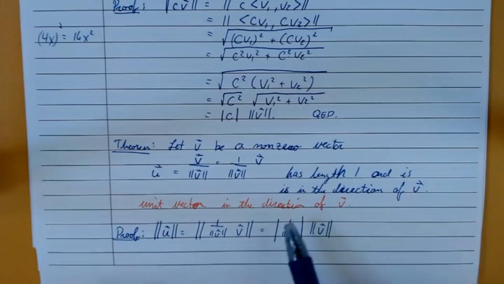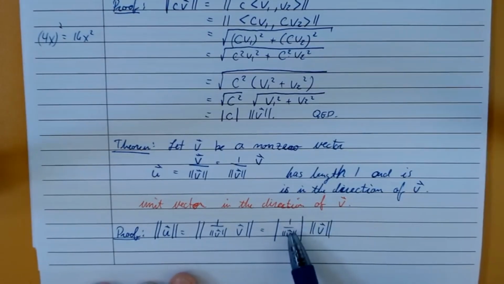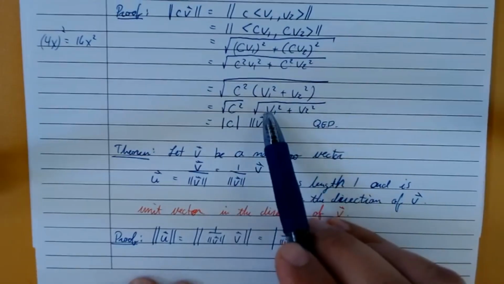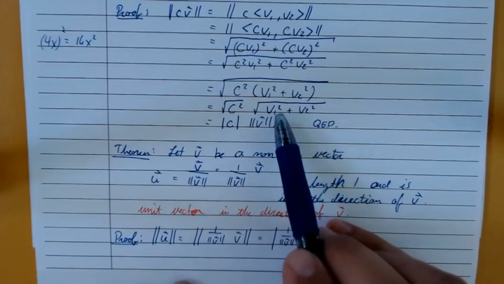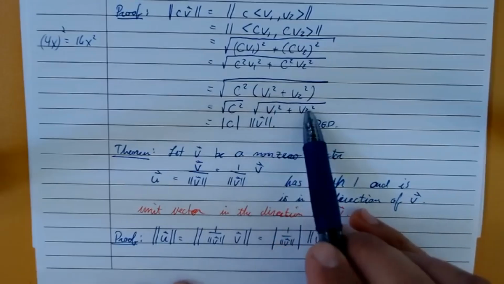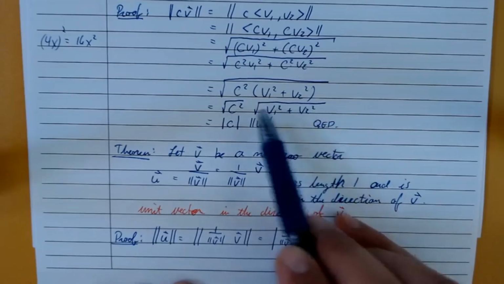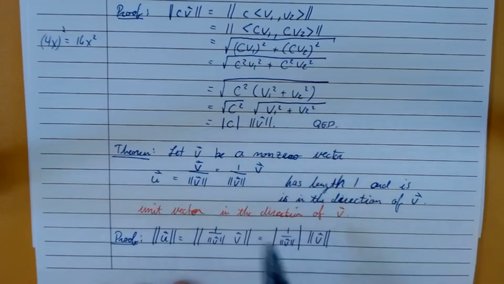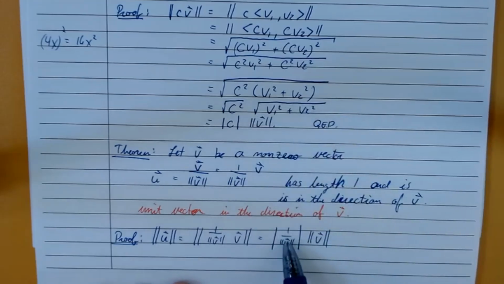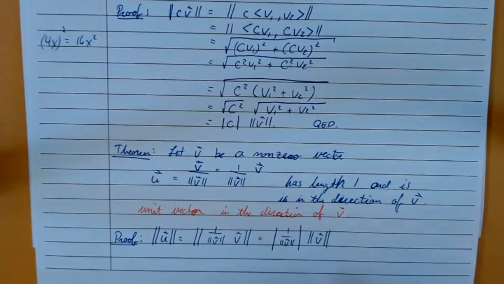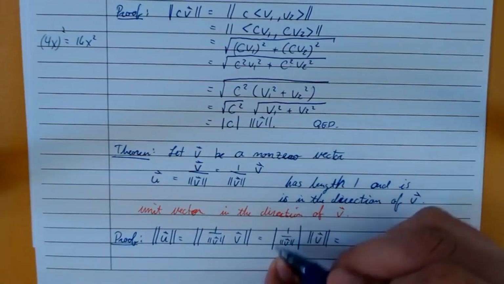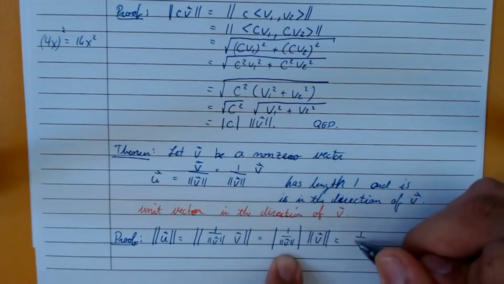Notice that a magnitude has to be positive because the way we define magnitude, it's a square root of the sum of squares. Squaring is positive, adding positives gives a positive, and the root of a positive is a positive. So right here, that denominator is positive. 1 over a positive is also positive, which means taking the absolute value just gives you what's inside.